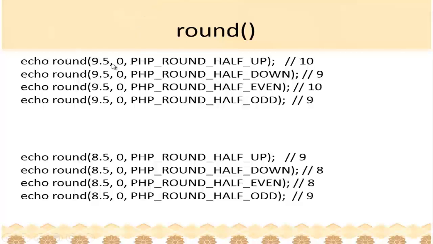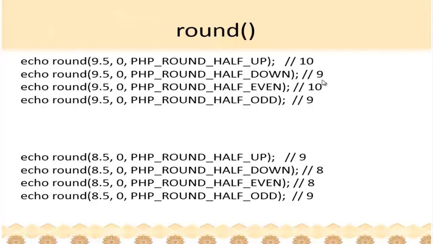So 9.5, round it up means the usual thing, 10. Round half down means if it is 0.5, don't take that 0.5 to 10, instead bring it down to the one below. So 0.5 will not be taken up to 10, instead it's going to come down.